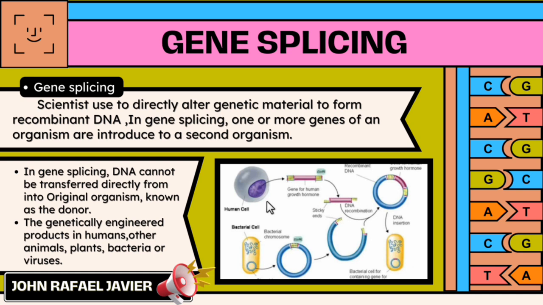The genetically engineered products are in humans, other animals, plants, bacteria, or viruses. Example, gene splicing is a post-transcriptional modification in which a single gene can code for multiple proteins.